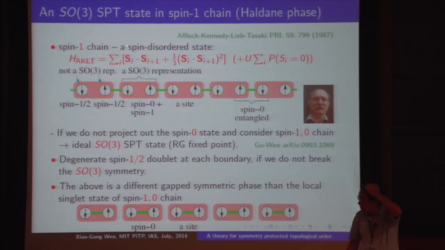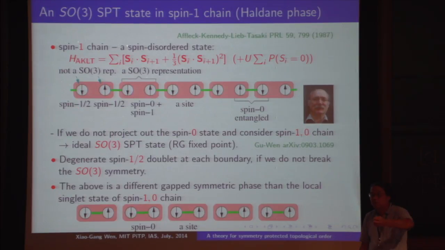So how do I understand that? Well, one way to understand that is when you have open boundaries. You can see for these local singlet states, the open boundary has nothing. However, for this Haldane phase, the open boundary has this unpaired dangling spin 1/2.